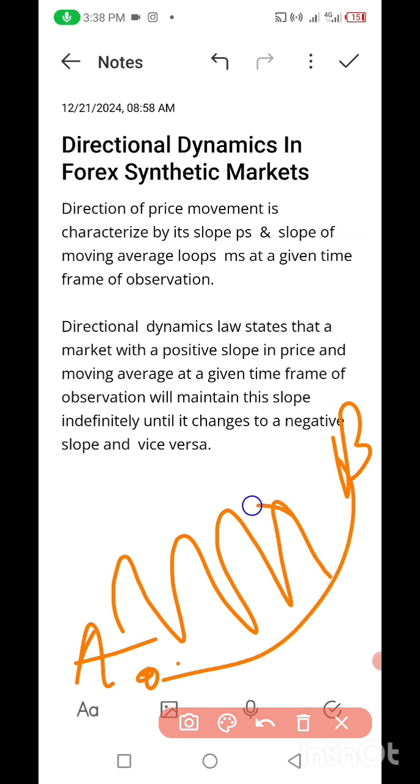Okay, but what's happening in between, you don't care about it. So that is dynamics characteristics, or following this market in a sense of directional dynamics.